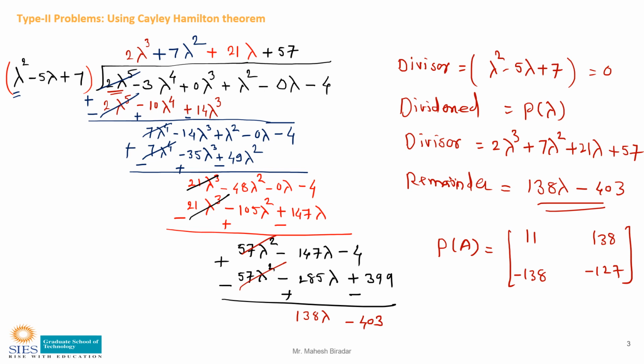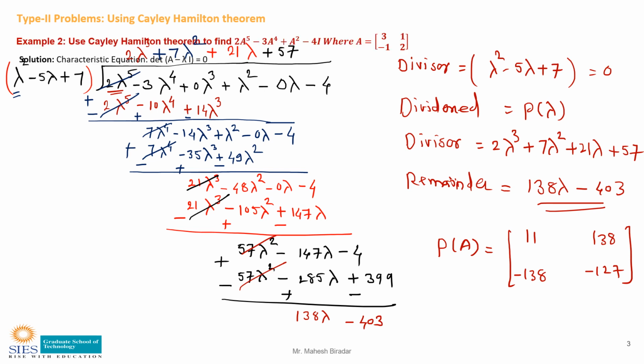So in this slide we have seen the actual long division method. These examples are simple if it's a division part. If you know the procedure of actual division and how to find the remainder, then these examples are very simple.